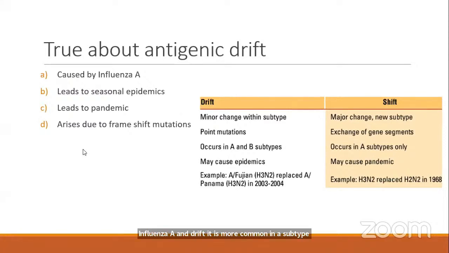Okay, but shift is more notorious. Back in the 2009 H1N1 outbreak, the pandemic was caused by the antigenic shift, not by drift. So the answer for this question is that it leads to seasonal epidemics. Okay.